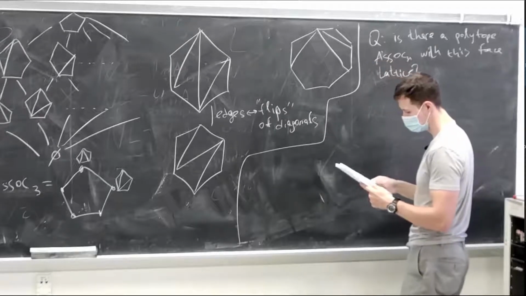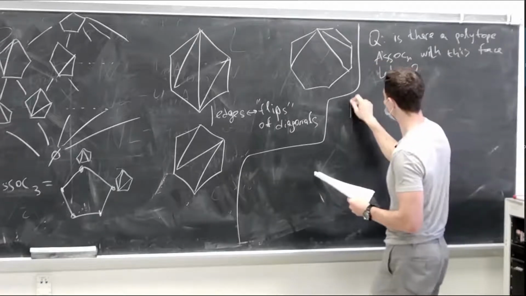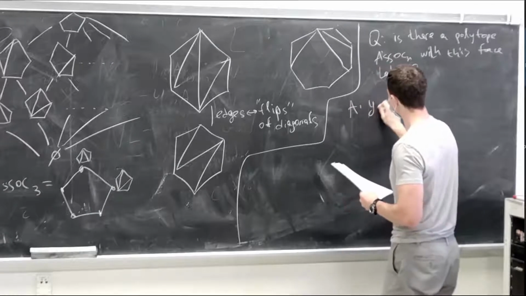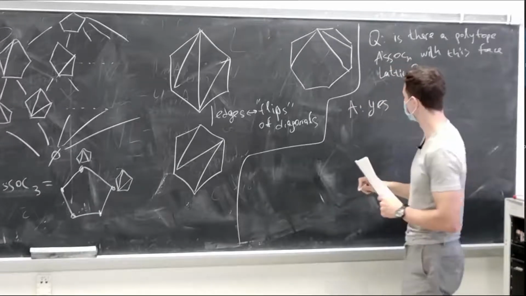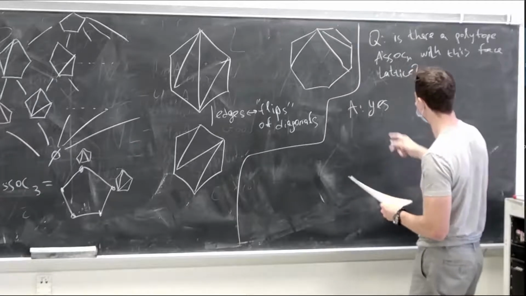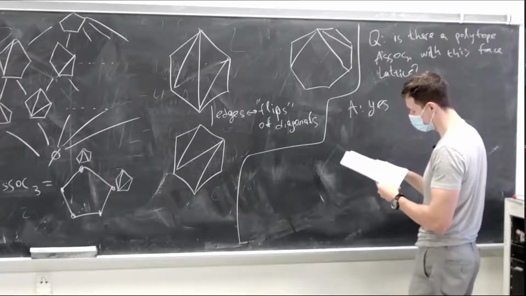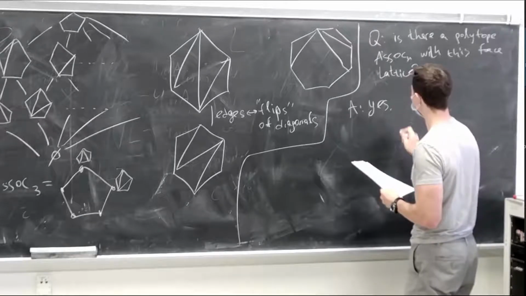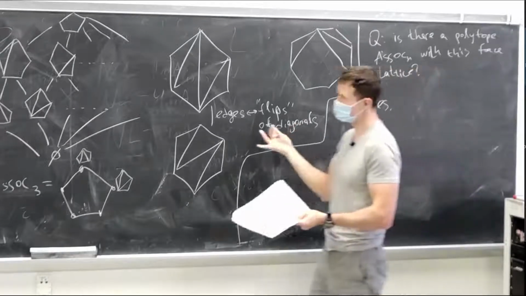And the answer turns out to be yes. So after 20 to 30 years, depending on which date you think is the origin of the associahedron, some realizations were constructed. So here, I'm solving a different problem.